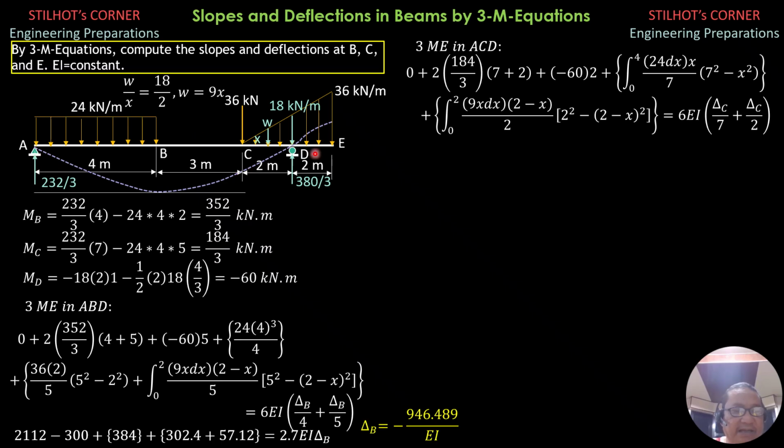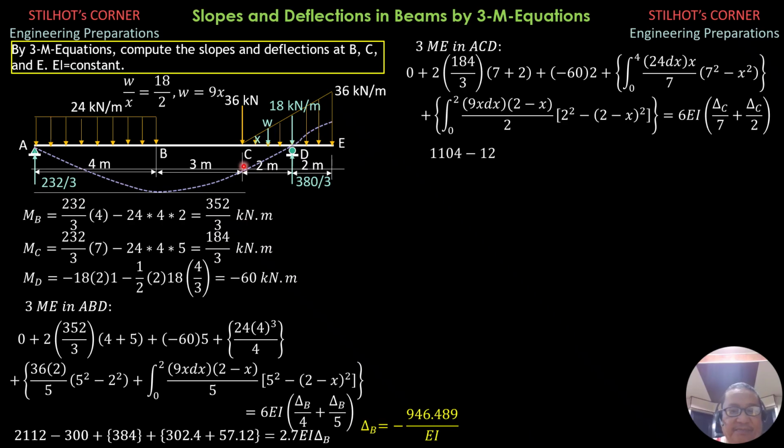A and D again are above that horizontal line, so that's why they are treated positive, but delta C is expected negative because it is below the horizontal line. That's the reference horizontal line.